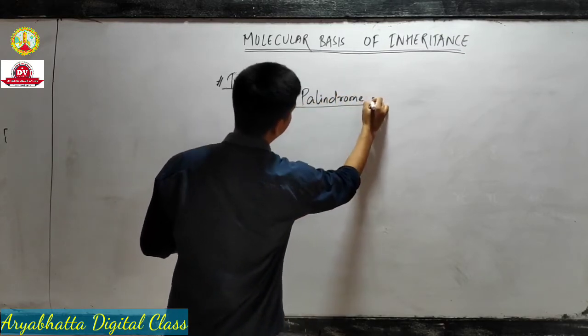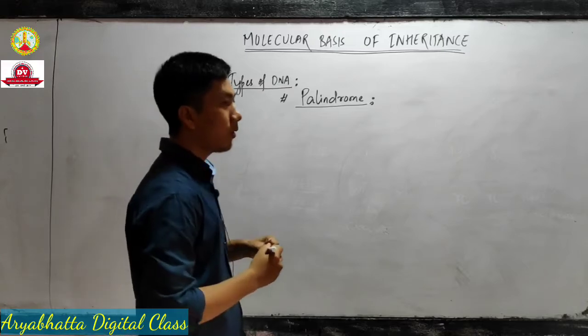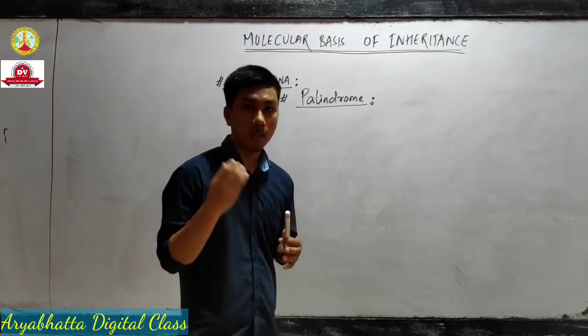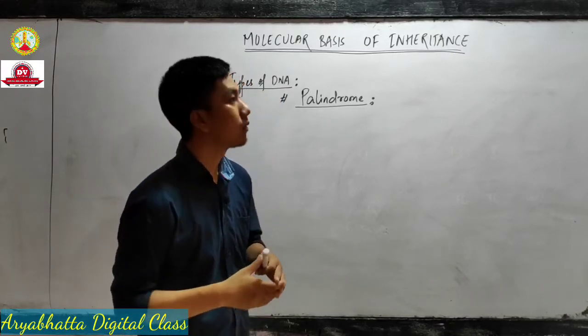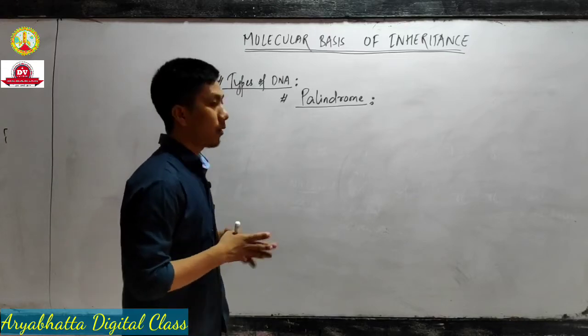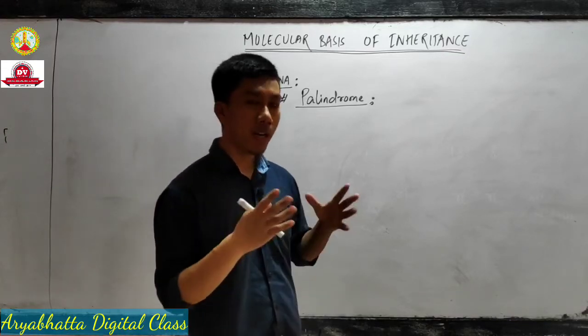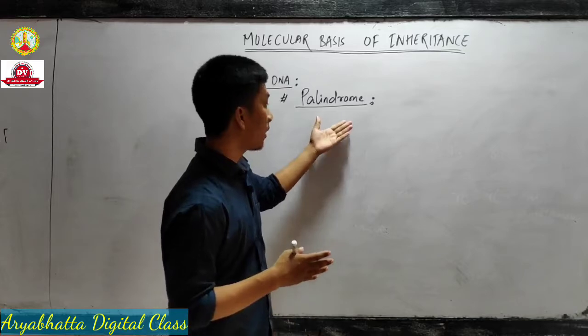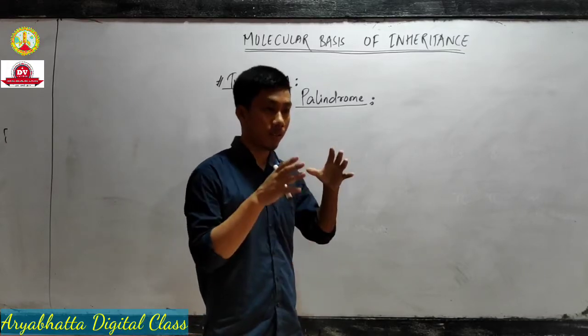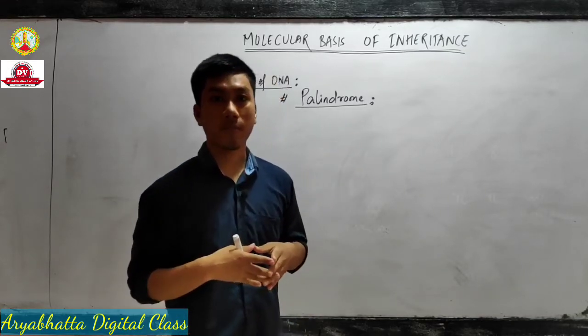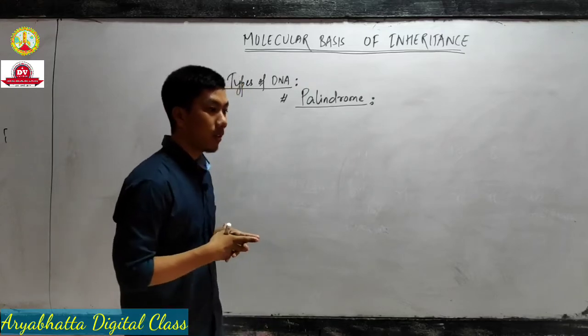Palindrome. You need to know this term when we talk about DNA structure. I think you might have heard this term, and this question came in this year's final exam in second year for 2 marks.